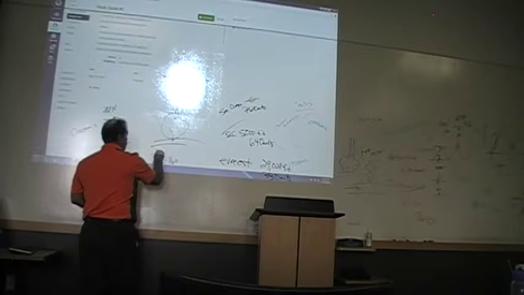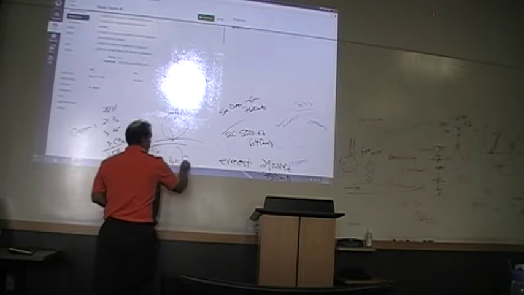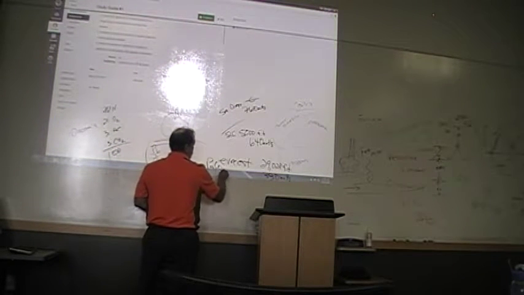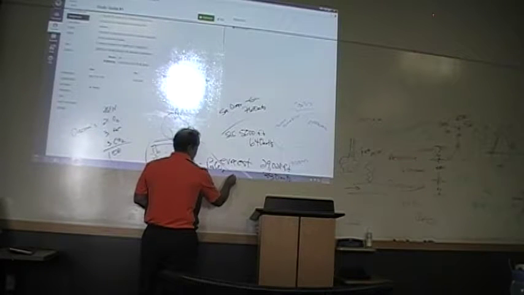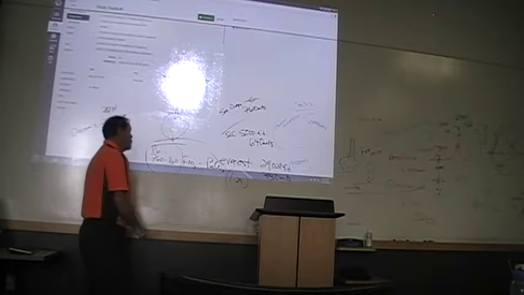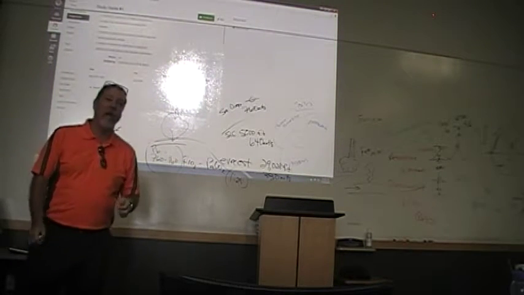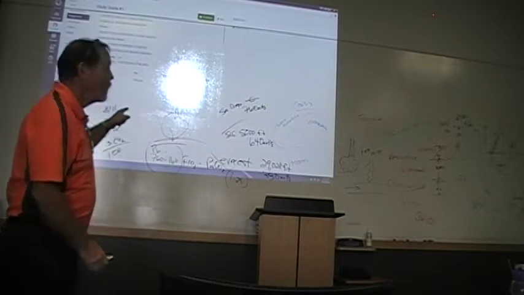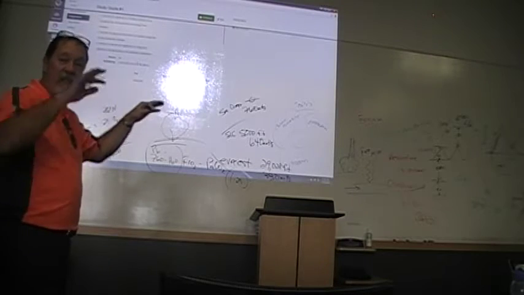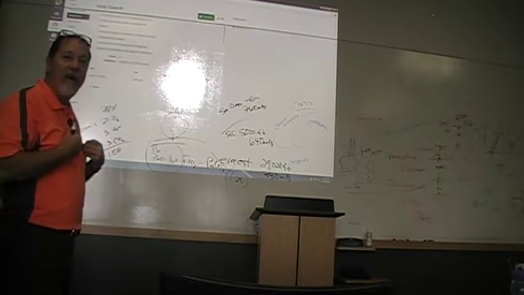760 is barometric pressure minus water vapor pressure, times the FiO2, minus the PaCO2, times 1.25. That's a factor that we're always going to use. And then you divide that by... We can actually figure out the amount of oxygen at this elevation, at this altitude, that gets to your alveoli.